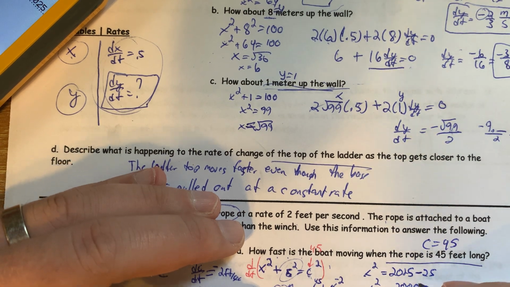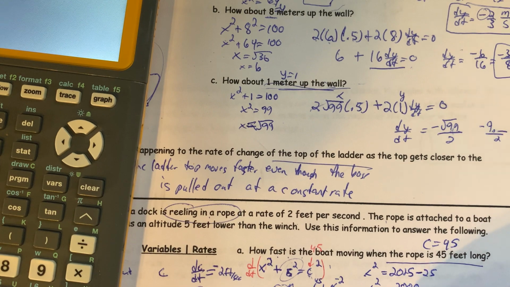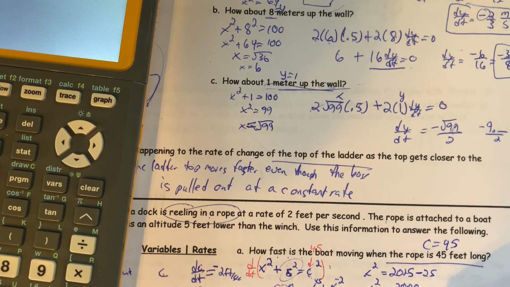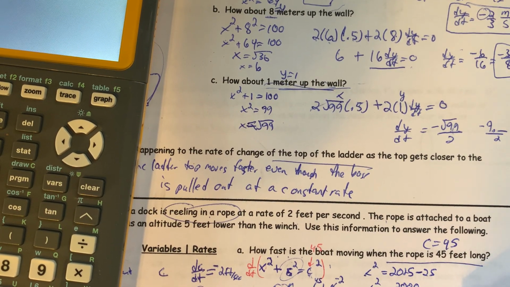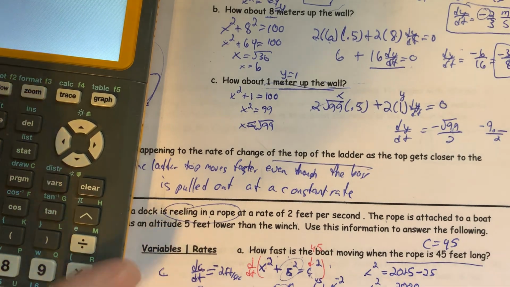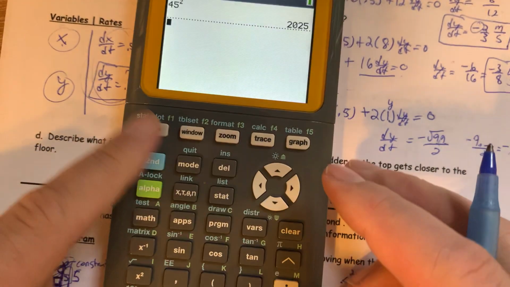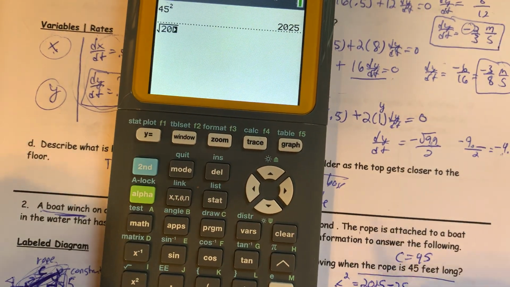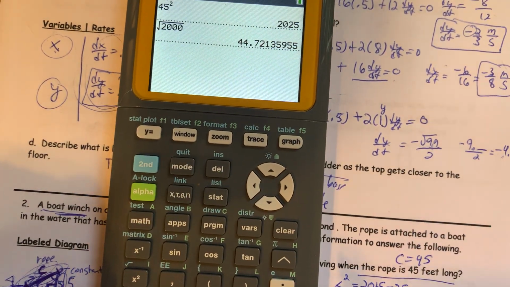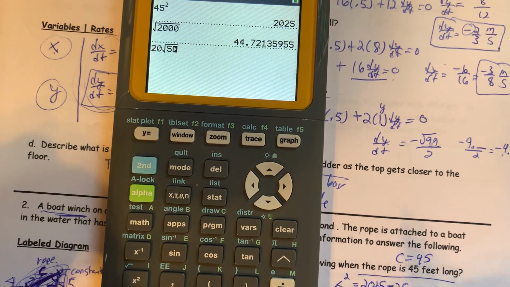We're going to call it the square root of 2,000. This could be simplified. It's like 20 times the square root of 5 or something like that. Let me see. Is that right? I think that's right. The square root of 2,000 is the same as 20 square root of 5. Yeah. Okay.